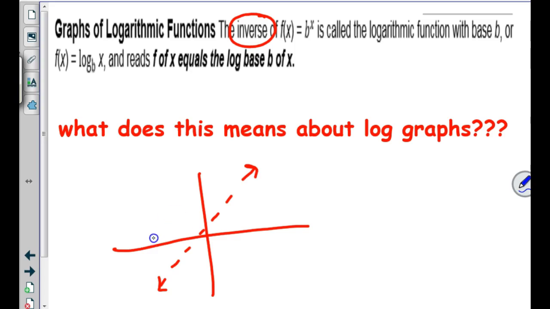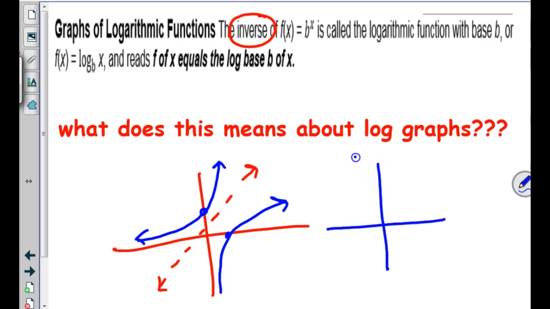So if we had an exponent equation that was growth, the log is going to flip over here and look like this. All right? If we had a decay, when we flipped it across here, it would look like this. Okay?